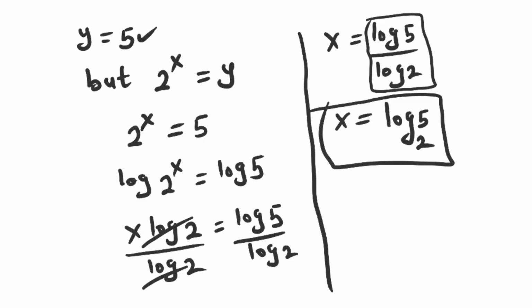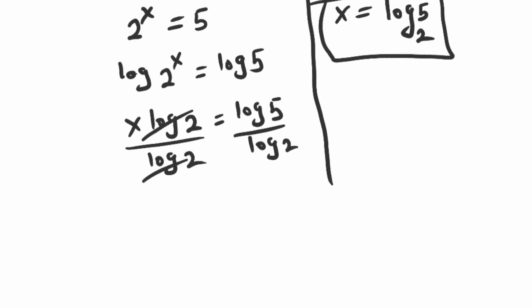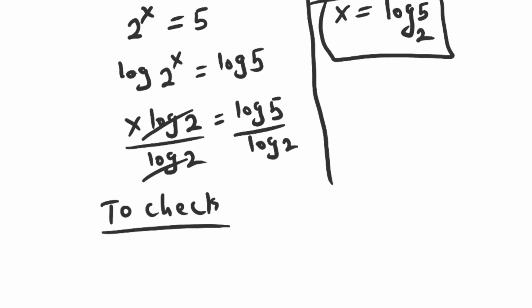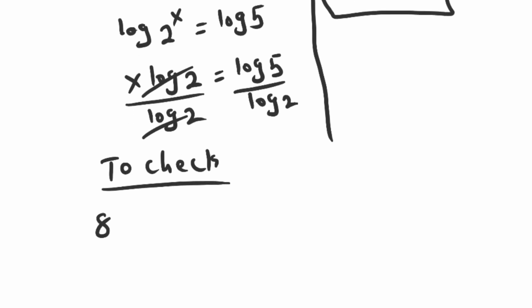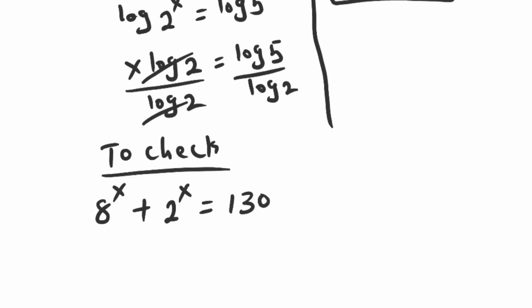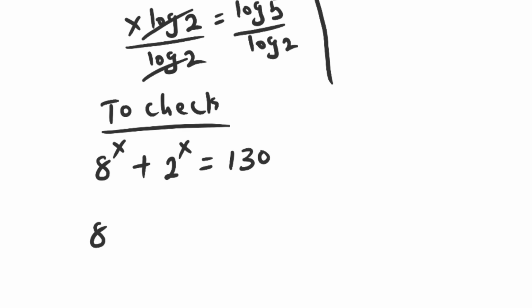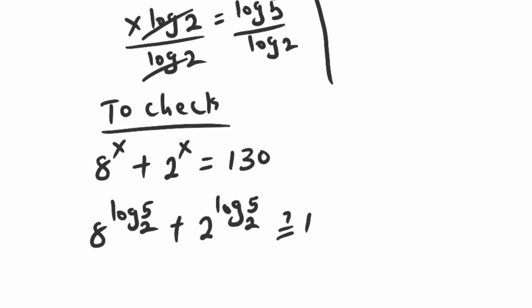We may check to confirm if this answer is right or wrong. Let's check. We have the given equation: 8 raised to power a plus 2 raised to power a is equal to 130. Then this is 8 raised to power log 5 base 2 plus 2 raised to power log 5 base 2, which must be equal to 130.